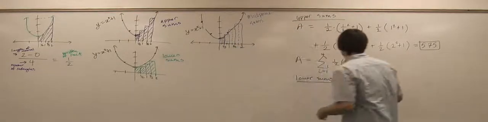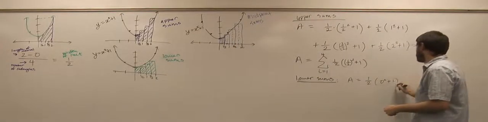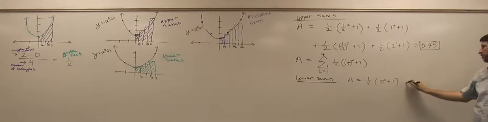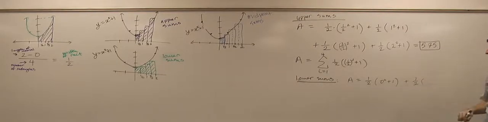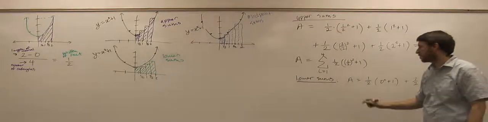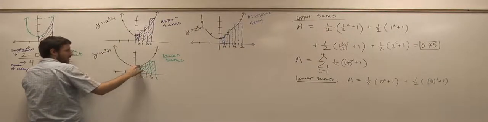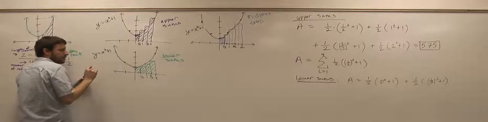In this case, I would do 0 squared plus 1, plus 1/2 times 1/2 squared plus 1, because on the second rectangle, the 1/2 goes up to the graph.